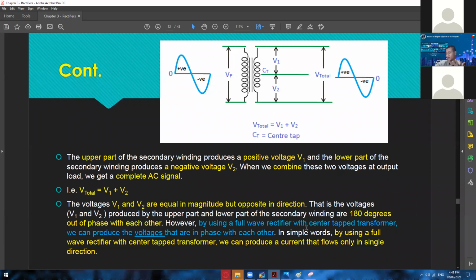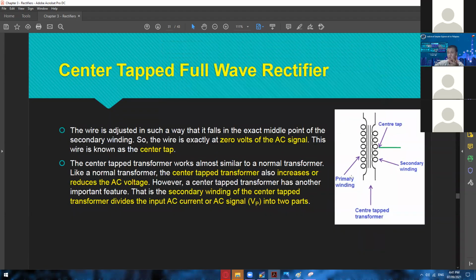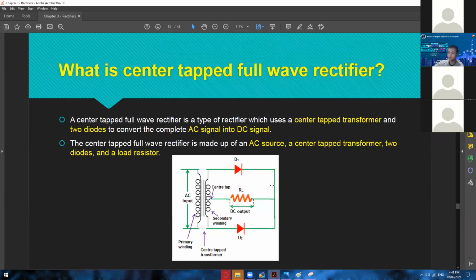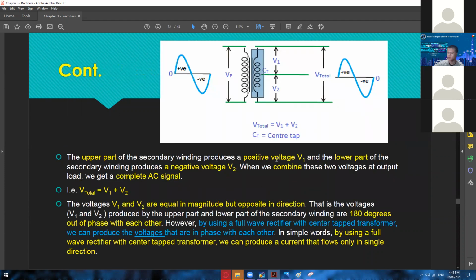It could be triple or quadruple, depending on how many inductors you're going to put in here, depending on your secondary winding. So I encourage you guys to watch more YouTube examples when it comes to center tap. This is what you will always see in transformers, going from a super high voltage into a smaller voltage.